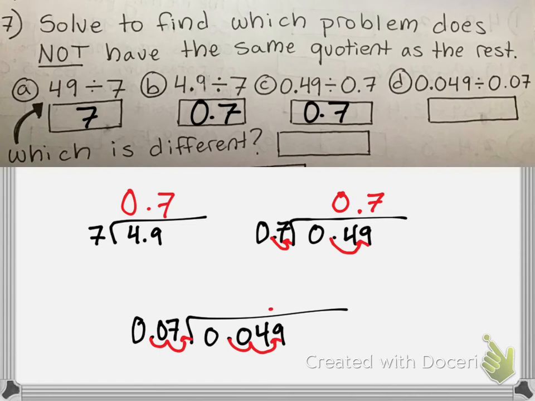What did you get as your answer, Vahe? So 7 goes into 4. So we got 0 and 7 tenths. Wait, so I was correct. So he was correct. So the one that's different is A. We can notice based on patterns that we find that out.